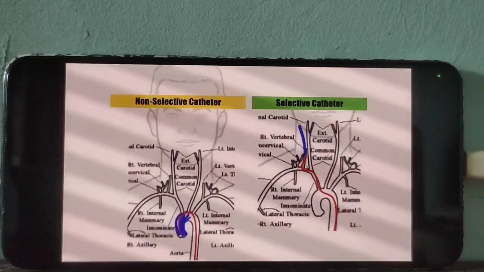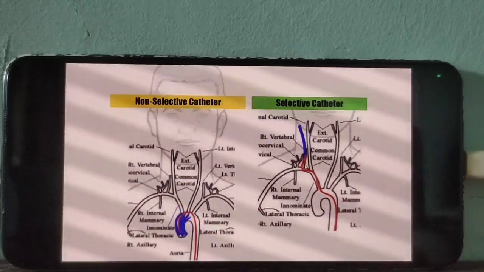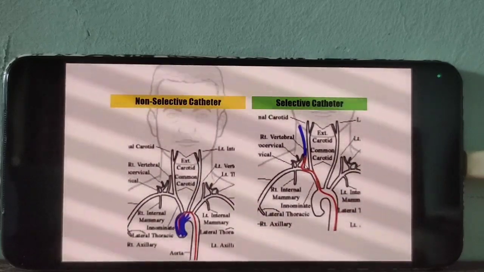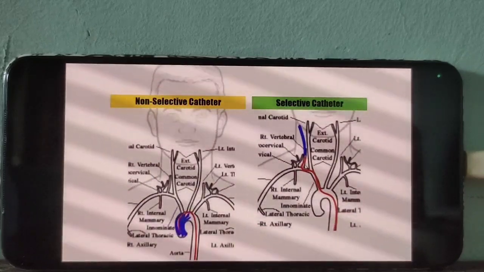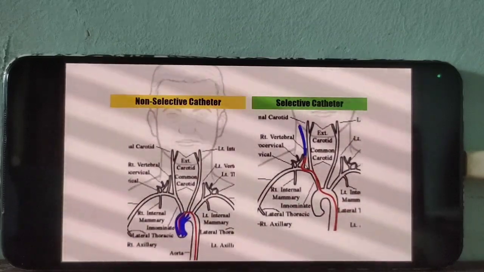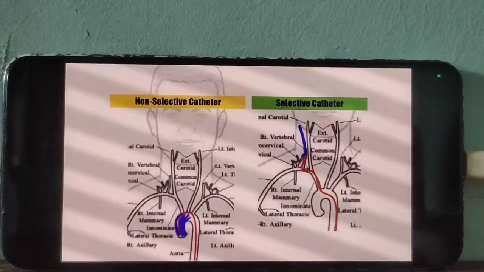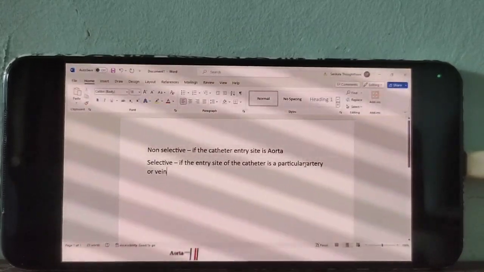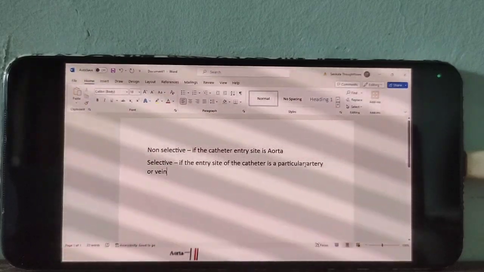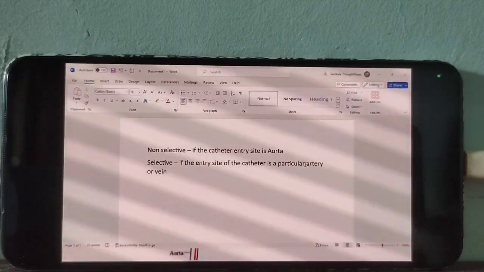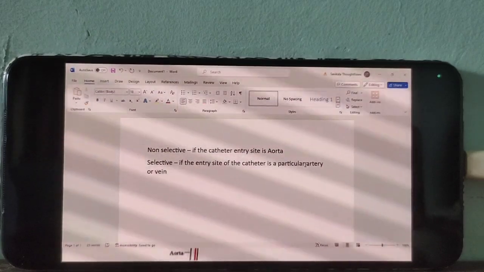But based on the entry site only, we classify the catheter as selective or non-selective. If the catheter entry site is the aorta, that is non-selective. If the catheter entry site is a particular artery or vein, that is selective. Take a note.